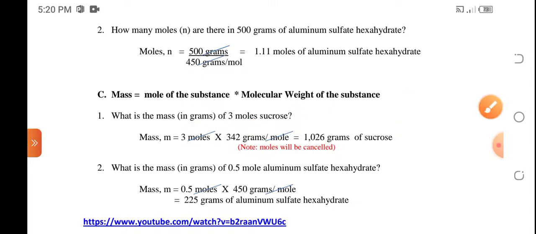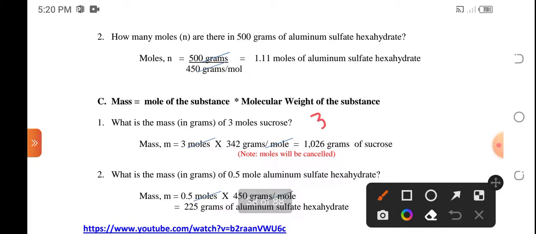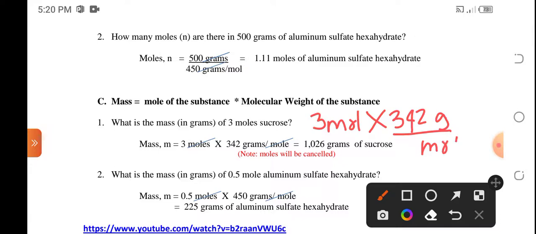Okay, so kung isusulat natin dito, moles, 3 moles times 342 grams per mole. Ganyan yan. So, paano na-cancel? Siyempre, may mole dun sa numerator, may moles dito sa denominator, kaya nag-cancel sila. Ano ang number dito pag sinabing per mole? 1. Okay?